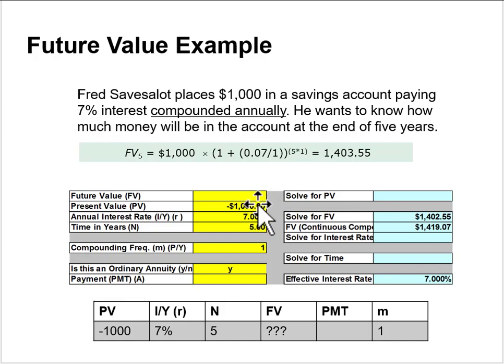So if you invest $1,000 at 7% for 5 years, at the end of the time frame, you should have $1,402.55.